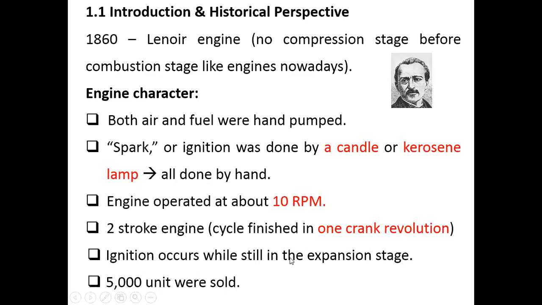For the modern engine, this is still the case, but it occurs in a much shorter time during the expansion stage, not like the Lenoir engine, where the ignition still happens in the expansion stage for a longer time.